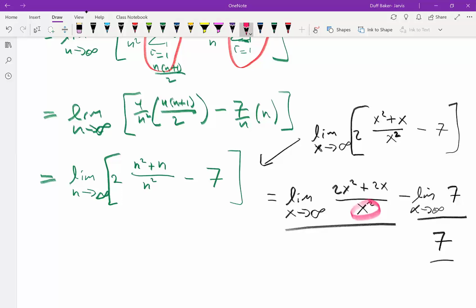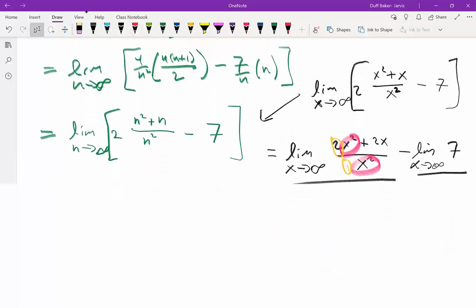Here they're both x squared. So we look at the ratio of the coefficients if they're equal. It'll be 2 over 1. So this will be 2 over 1 minus 7, which is -5. And doing it in terms of n is the same. n is just a name for a number, though we tend to think of it as a whole number, whereas an x could be decimals, but it's really the same thing, at least when you're going to infinity. Okay, so any questions about this one?